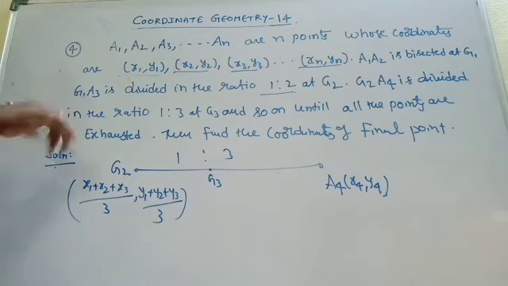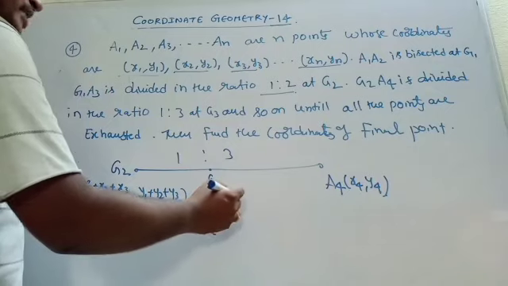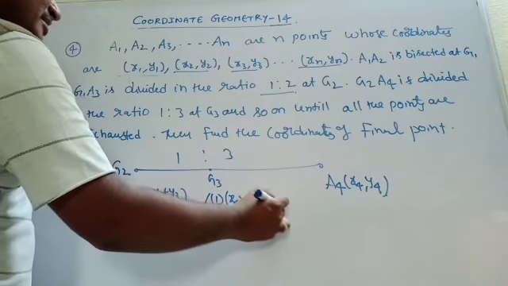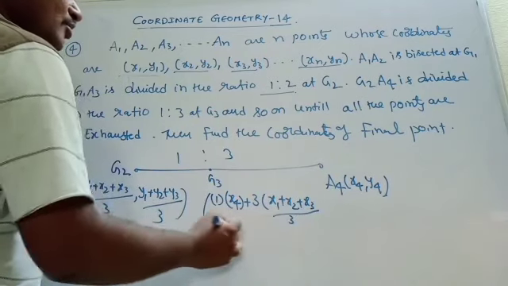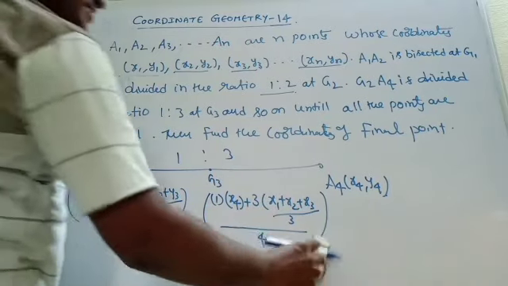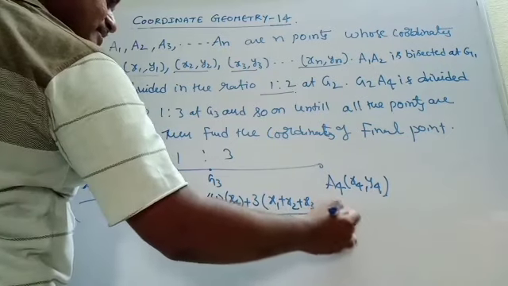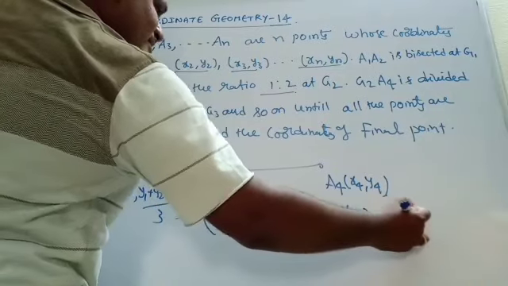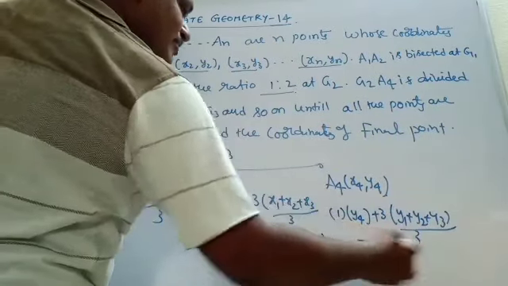Wonderful. Now if you do G3, this is also m into x2, where x2 is x4, plus n x1, where n is 3 and x1 is (x1 plus x2 plus x3) by 3, whole by 1 plus 3, that is 4. X coordinate is this. Now y coordinate: y4 plus 3 into (y1 plus y2 plus y3) by 3, whole by 1 plus 3, that is 4.